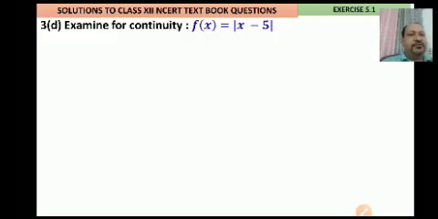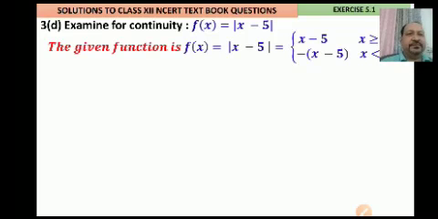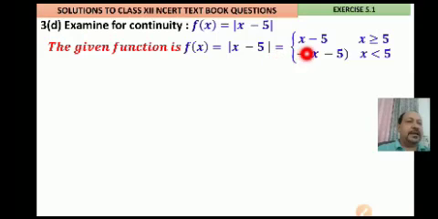Examine the continuity for f of x equal to modulus x minus 5. The given function is f of x equal to modulus x minus 5. It can be written as x minus 5 when x is greater than or equal to 5, and minus of x minus 5 when x is less than 5.